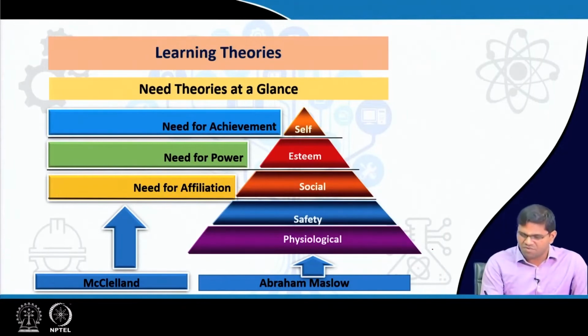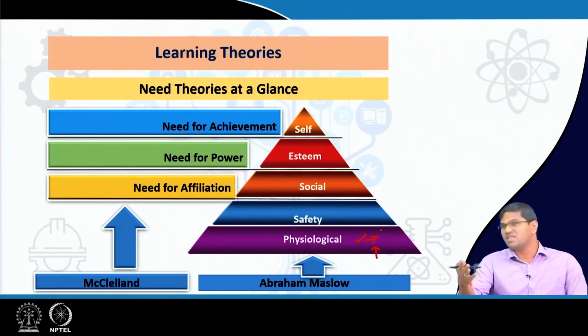If you look at the pyramid called the hierarchy of needs, it goes from the bottom up. First are the physiological needs, which are your basic needs, such as food. When your basic needs are not met, you will not be thinking about anything else.